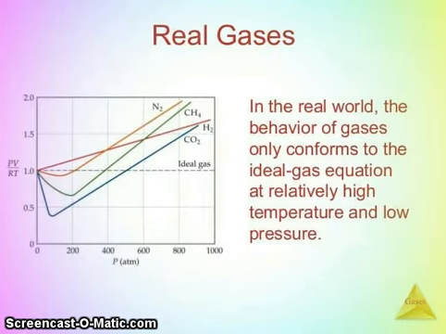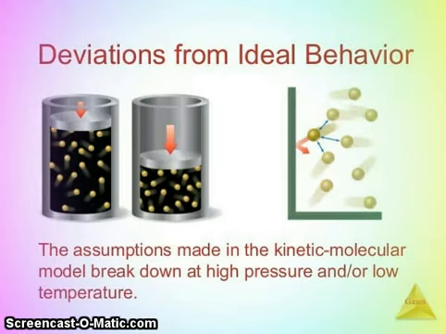So what are real gases? In the real world, the behavior of gases only conforms to the ideal gas equation at relatively high temperature and low pressure. Now, deviation from ideal behavior. The assumptions made in the kinetic molecular model break down at high pressure and or low temperature.